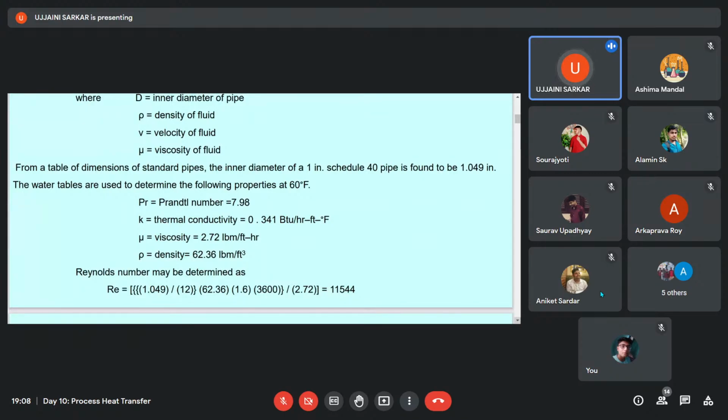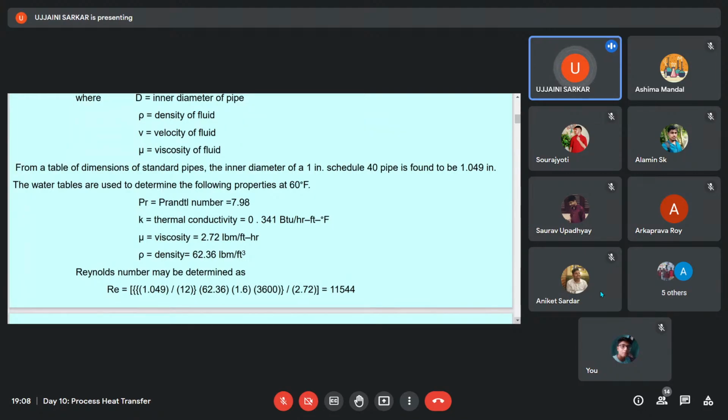Nominal diameter is DN and nominal bore is NB. So NB and DN, these two you should know. If these two are given, sometimes you can find out the inside diameter and the outside diameter of the pipe or radius. Now in this case, schedule is given.